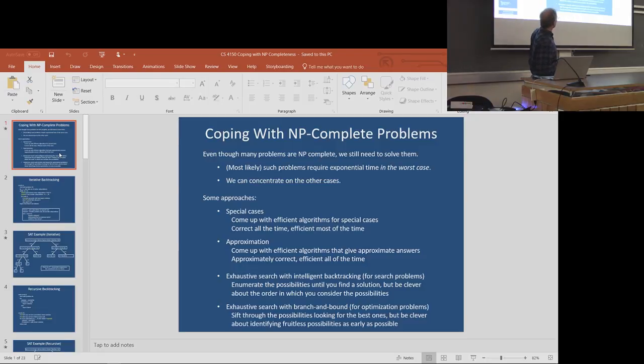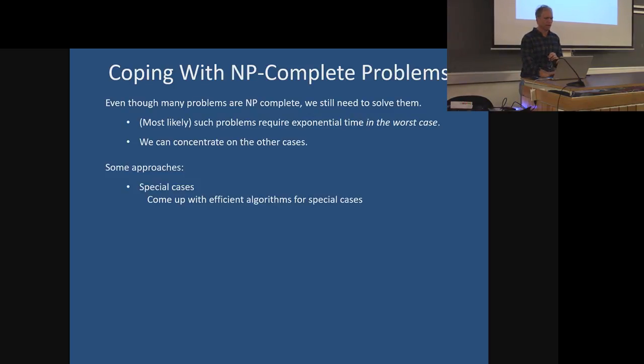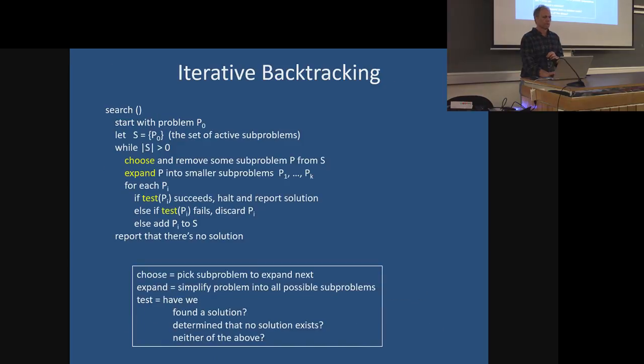And then there are two techniques for dealing with search problems and optimization problems. For search problems, you use intelligent backtracking. For optimization problems, exhaustive search. Now, what I want to do, I could step through the slideshow in a particular order, but I'm going to skip ahead. We'll come back and talk about backtracking.